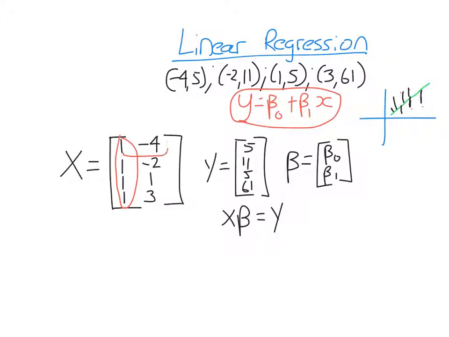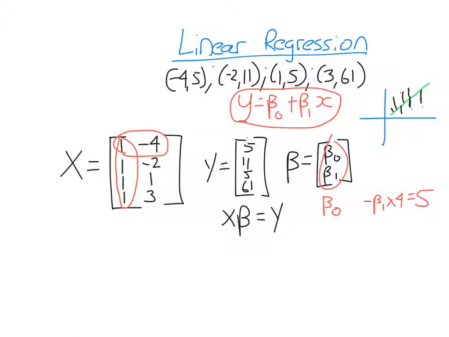So for example, the first row here by this column here will give me beta naught times 1 minus beta 1 times 4 equals 5. We want that. Each time we want to get an equation of the form beta naught plus or minus beta 1 times something equals the y value.